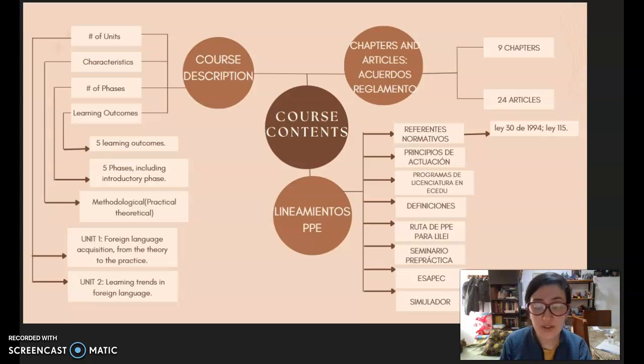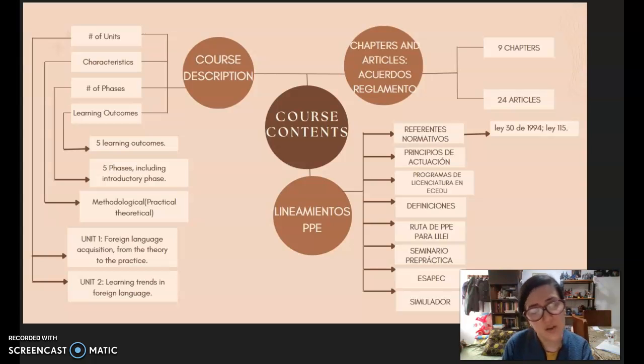In the definitions, they mention some components that we need to know beforehand, as for example, what is the practical component of the bachelor degrees. They are going to mention what a pedagogical and educational practice is, the definition of that. Also, they talk about the regulations, what they are and why.